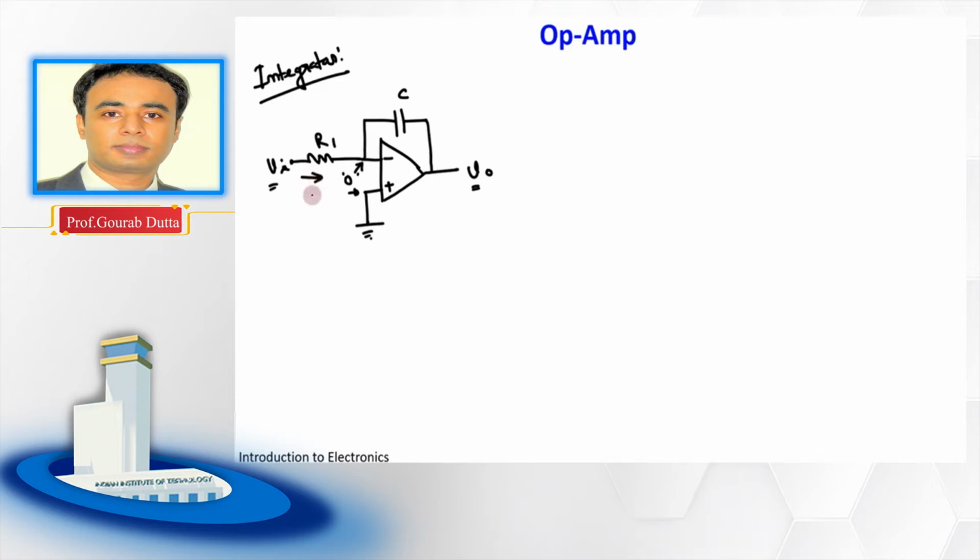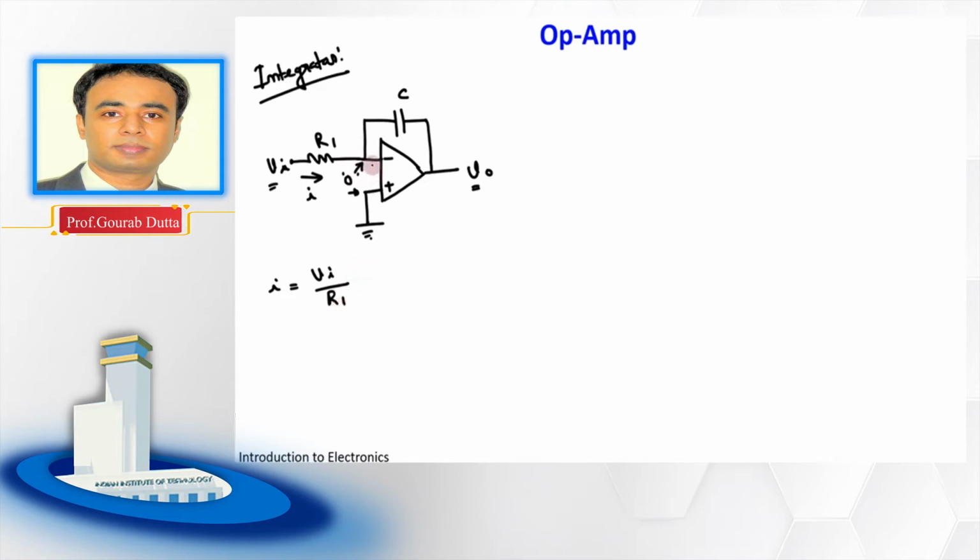Now let us say that the current which is flowing through this R1 is I. Then if we express this current I in terms of Vi and R1, then I is nothing but Vi by R1, right?